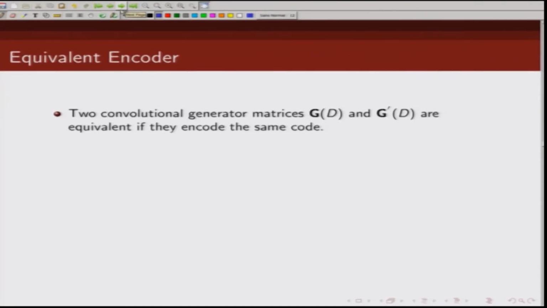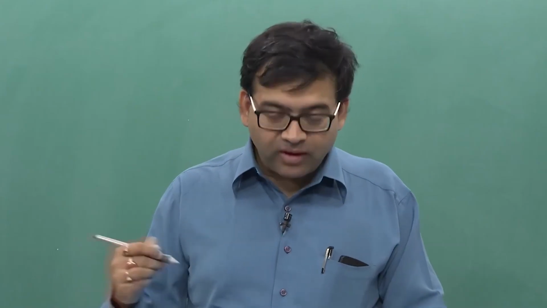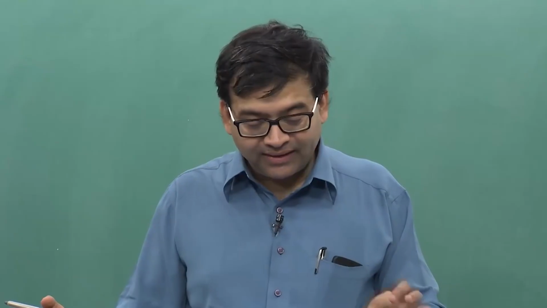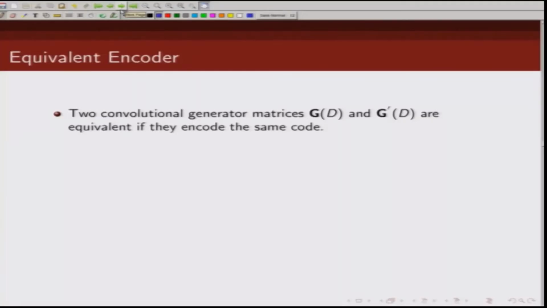Now, that brings us to our next topic of discussion, which is the concept of equivalent encoders. Before we define what is an equivalent encoder, we will define what do we mean by equivalent generator matrix. So, two convolutional generator matrices, let us call them G(D) and G prime(D), are equivalent if they encode the same code. Now, what do we mean by encode the same code?